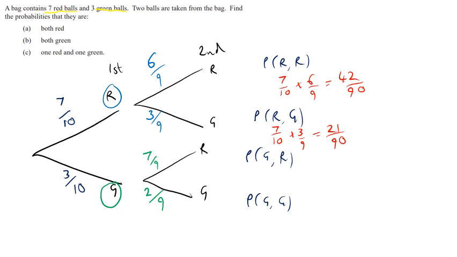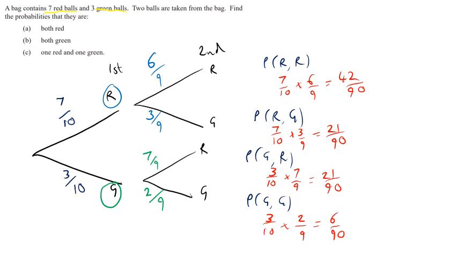Green and then red is 3/10 times 7/9, which is 21/90. And then green then green is 3/10 times 2/9, which is 6/90. Lovely.